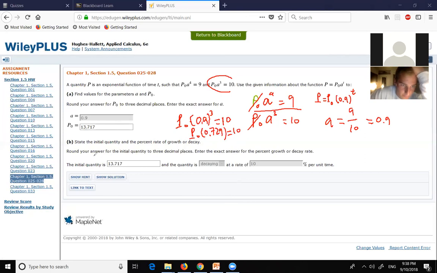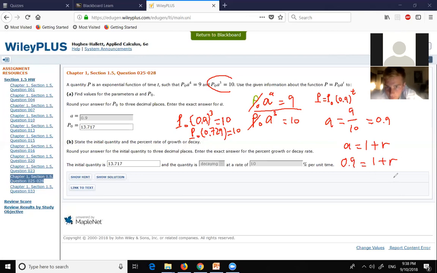For part B, they ask you to state the initial quantity. We already know that should be P naught, the initial value, so it goes directly here. In order to decide whether it is decaying or growing, you have to find the growth or decay rate. We know that A is 1 plus the rate, and A now is 0.9, so 0.9 equals 1 plus the rate.